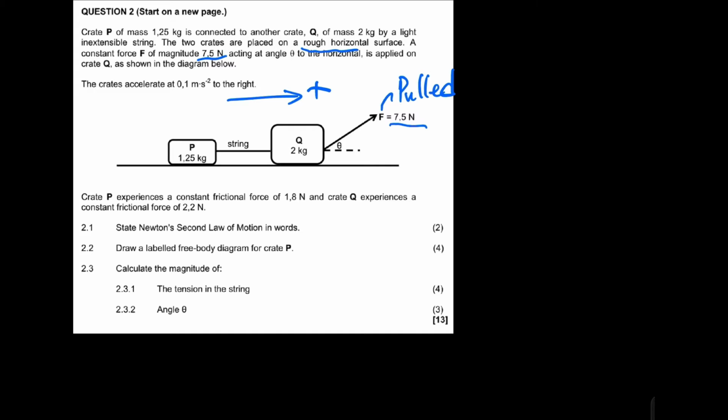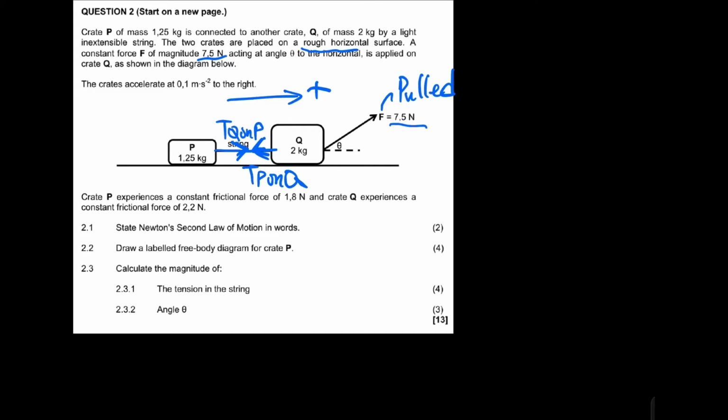Another thing that is important here, there's a tension between the two crates. They exert a force on each other through a rope. P is experiencing a tension force to the right, the tension force of Q on P. And Q is experiencing a tension force going to the left, the tension force of P on Q. Those two tension forces are equal in magnitude but in opposite direction.